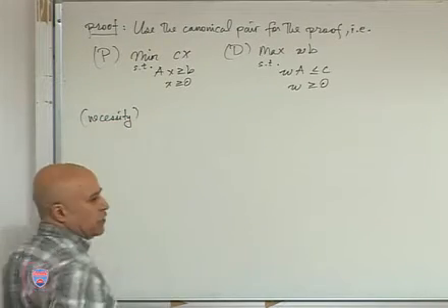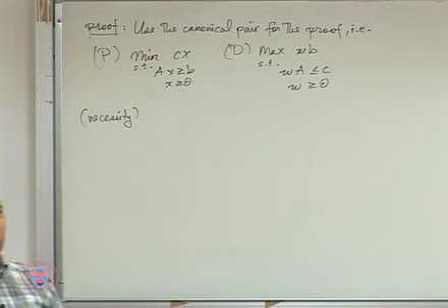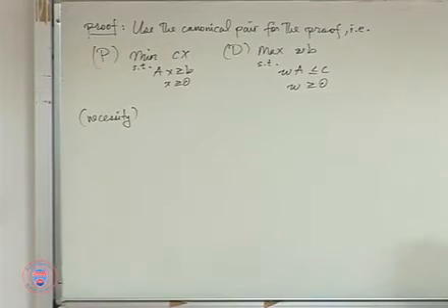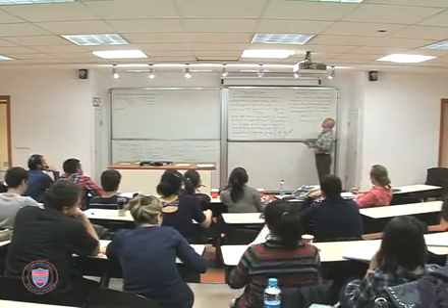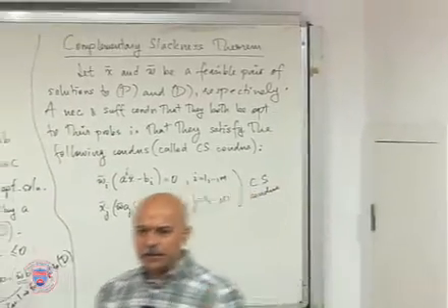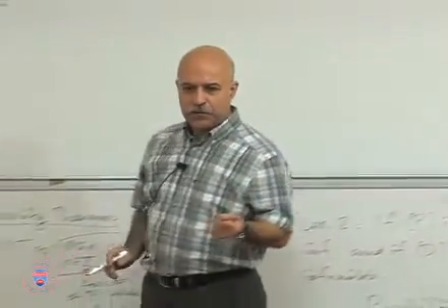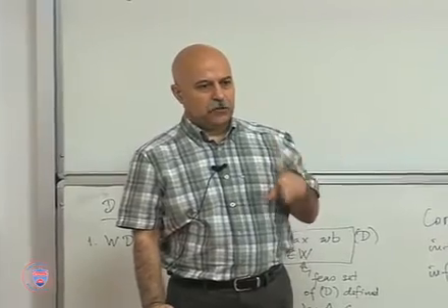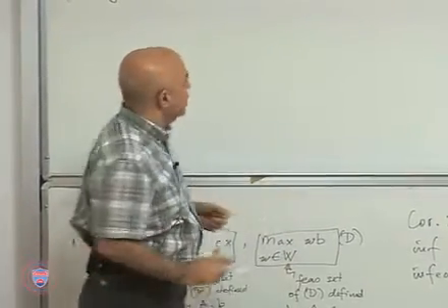So let's prove the necessity first. What am I supposed to show in necessity, or what do I assume in the necessity part? In the necessity part, we already know that x bar, w bar, they are feasible. We must show that if they are optimal, we must show that they necessarily satisfy the complementary slackness conditions. Okay?